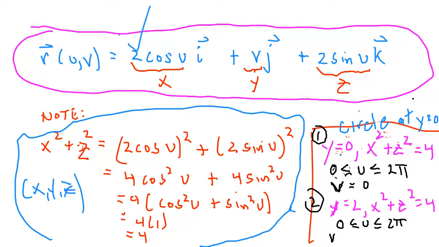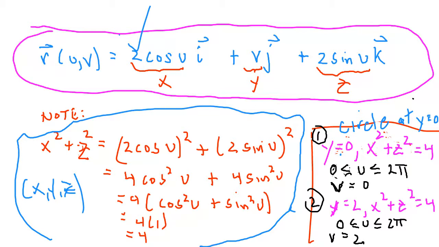And what would v have to equal if y equals 2? What would the value of parameter v equal? That's right, it would equal 2.